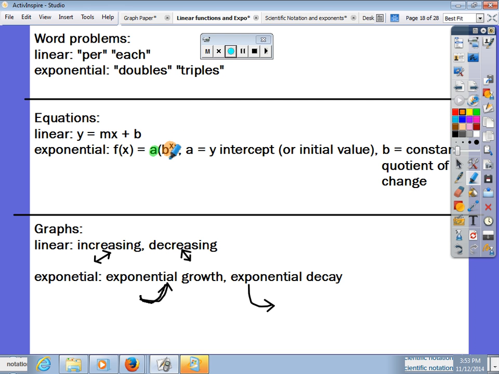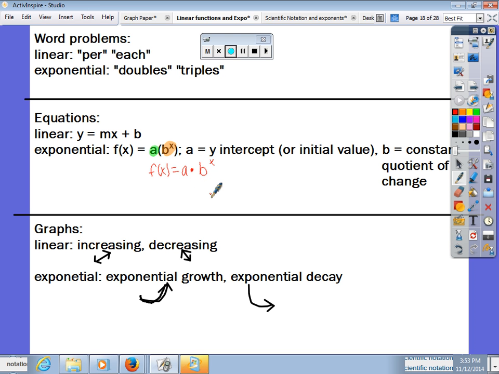Now, one thing I want you to notice is that I have parentheses for the formula, but you don't have to put parentheses if you don't want to. You could write the problem as f of x equals a times b to the x. So you could either keep parentheses or not. It's up to you. Your a is always your y-intercept. Remember that, your initial value. And your b is your constant ratio.